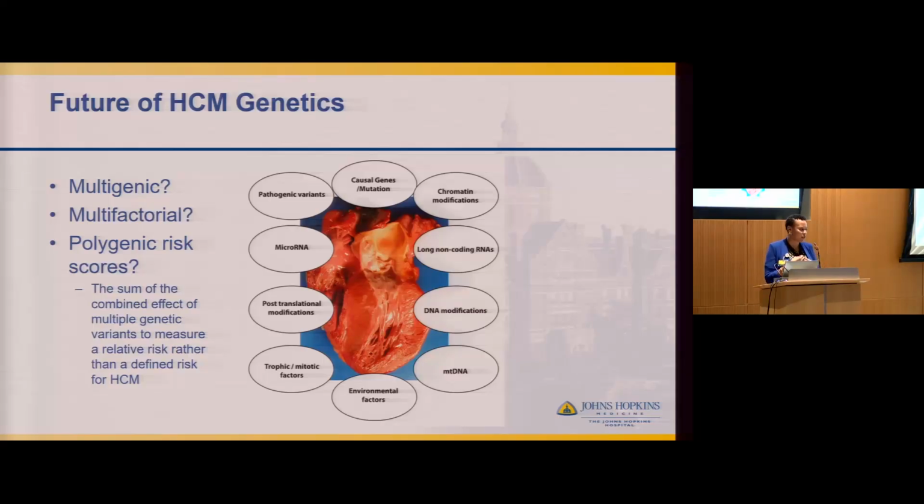And polygenic risk scores are something that might be coming about in the future. We've seen them with other genetic heart conditions, but that is basically additive, smaller genetic changes that have an additive effect to make it more or less likely for you to develop HCM, and that puts you in a risk category: low risk, mid risk, high risk, as opposed to a more defined risk that we can sometimes see with single gene testing.